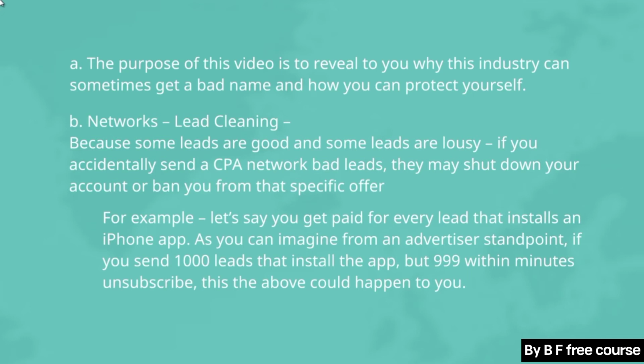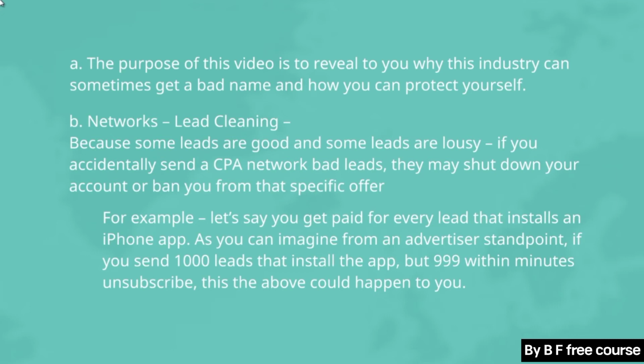So if you are the advertiser and you're paying $1,000 and those 999 people are illegitimate, of course, as an advertiser, you're not going to want to pay that. Now, as an affiliate generating those leads, on the flip side, you're going to be upset because you spent that money to send them.